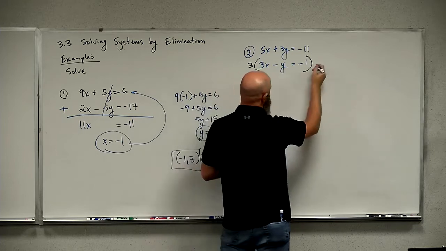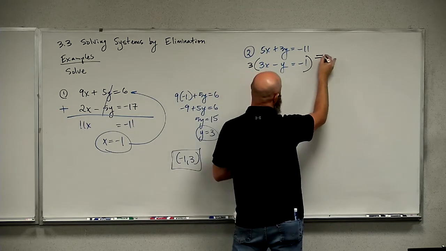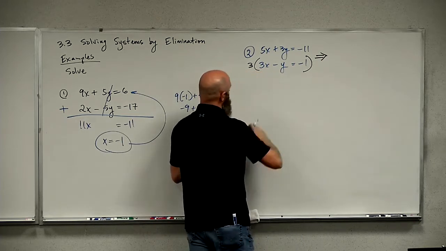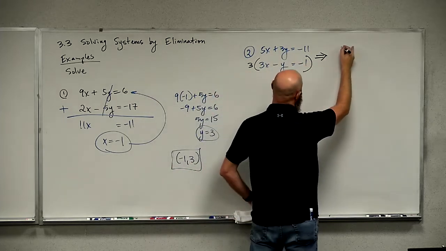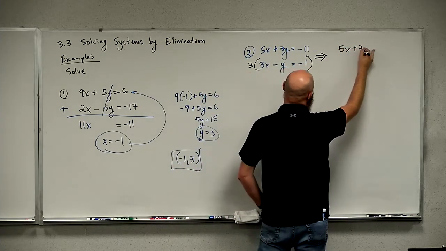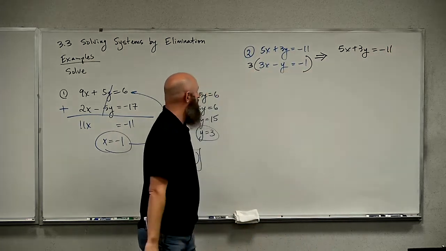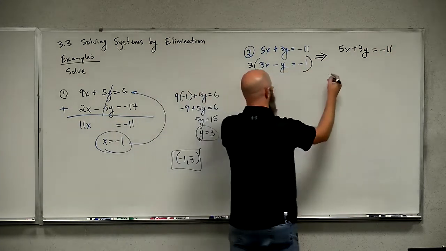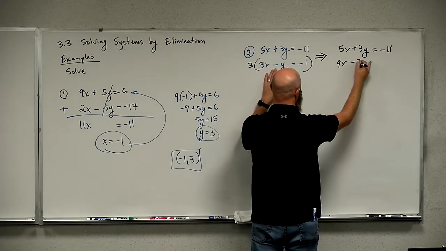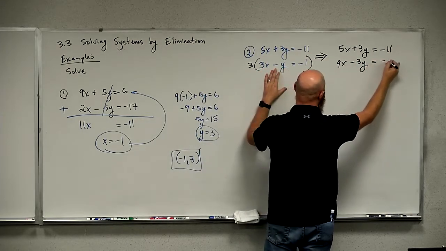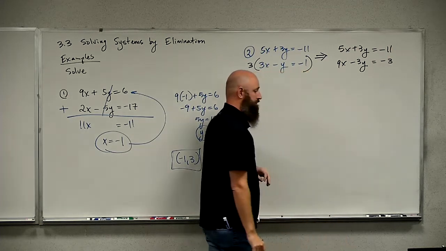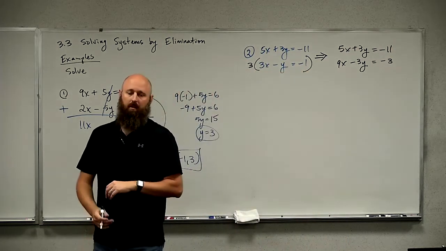My top equation hasn't changed: 5x plus 3y equals negative 11. But my bottom one is now 9x minus 3y equals negative 3.